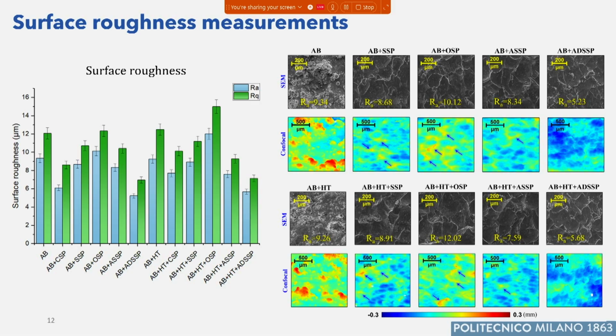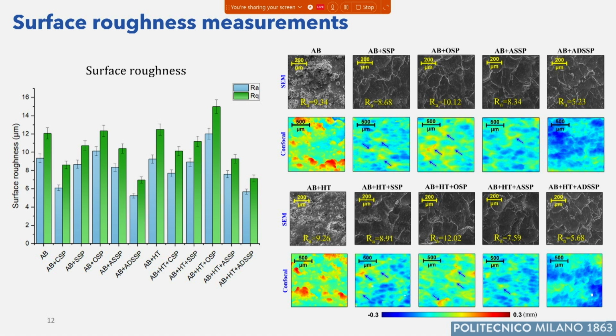After conventional shot peening, we are able to reduce this value to 6 and 8. Severe shot peening is better than as-built, but still induces larger roughness, and even more if you consider overshot peening.